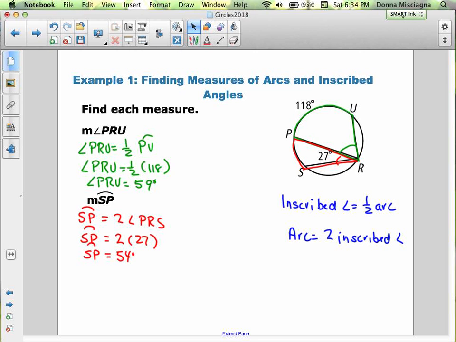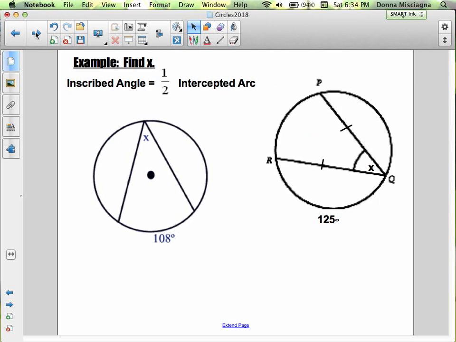Let's do another one. I think I have 6 pages here. This one was not in your notes, but how about the next one? As it changes the page. These are both in your notes. Right, so here, in both cases, we're looking for the inscribed angle. So we'll use the formula inscribed angle equals half the intercepted arc. There's no letters on the first one.